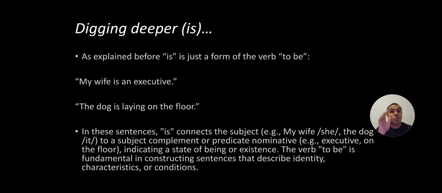We connect it to a subject complement, or a predicate nominative. This is kind of advanced, and I know it sounds complex, but it is not. It's just like the technical term for a noun, just like a noun, or maybe just like an assignation.